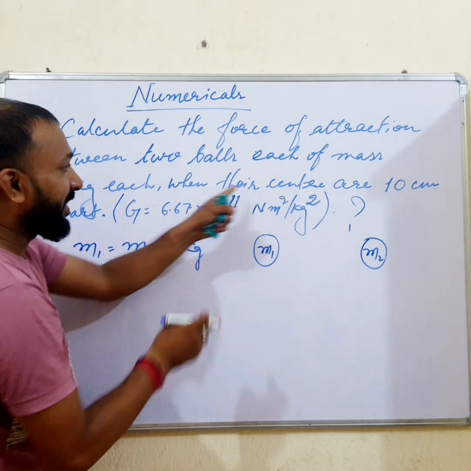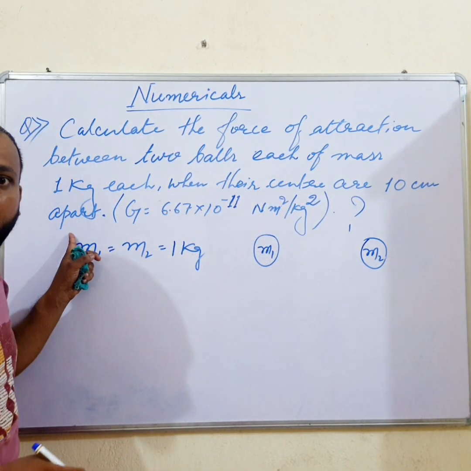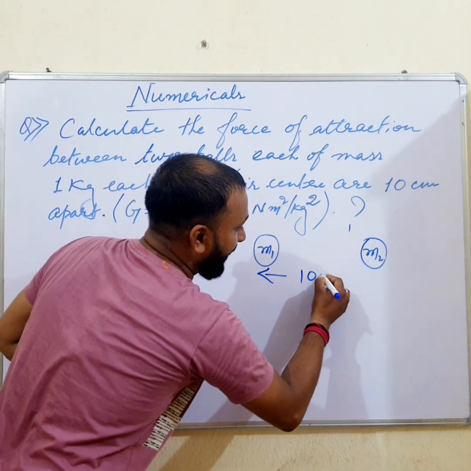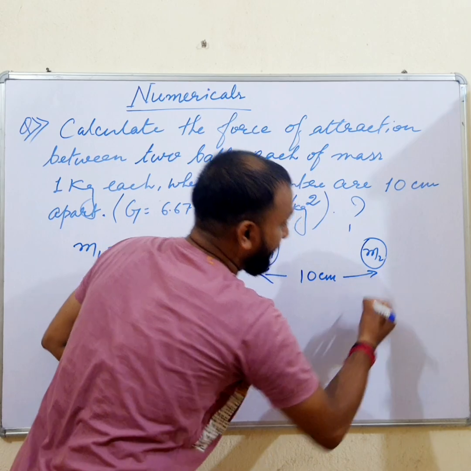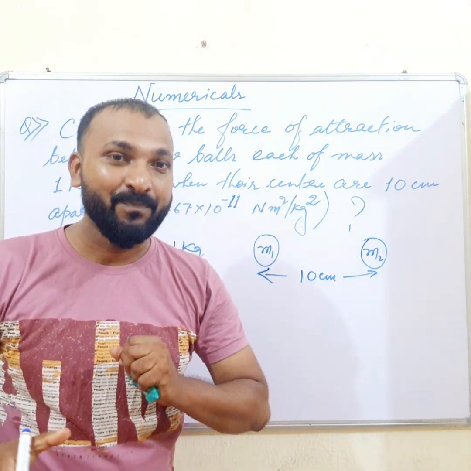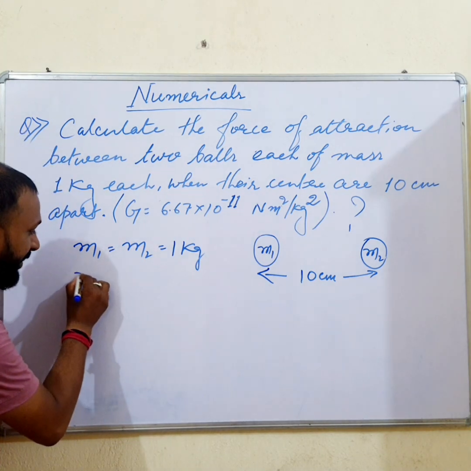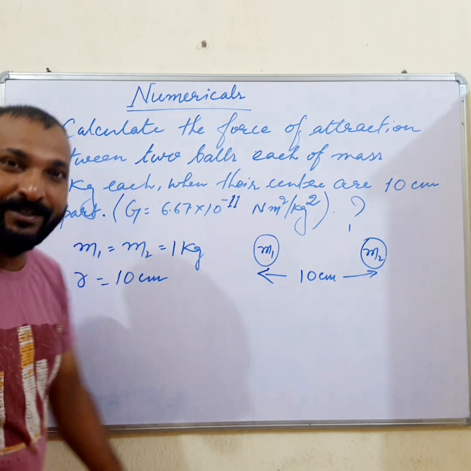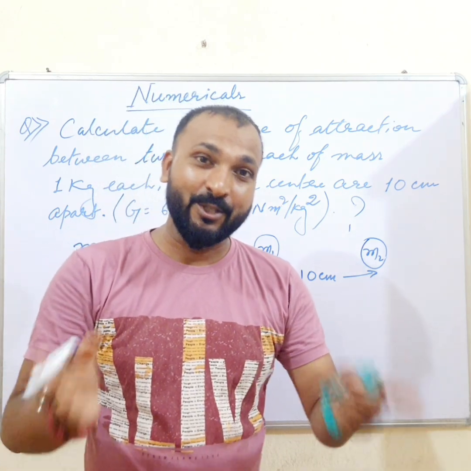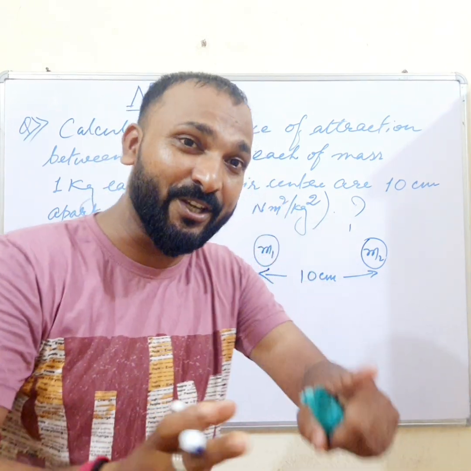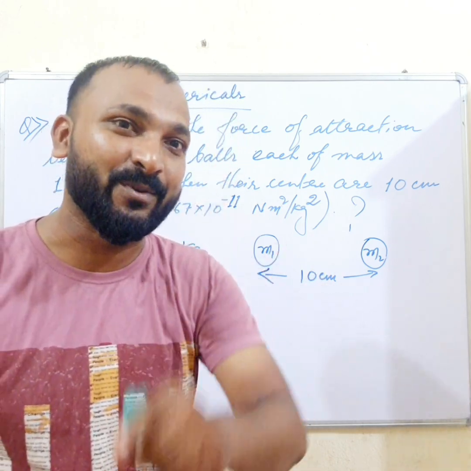Now, their centers are 10 centimeter apart. It means the distance between these two balls is 10 centimeter. So the radius r will be 10 centimeter. But my dear children, whenever you tackle numericals, you have to convert each and every term into its SI unit.